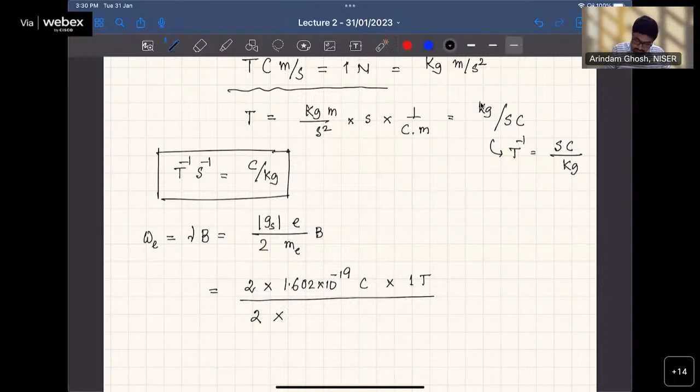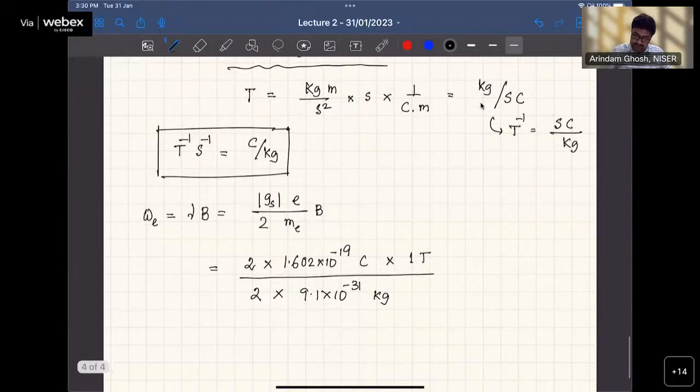And then I have 9.1 times 10 to the minus 31 kg as my mass, right? So some number will come from here. Let me write it down. If you have a calculator, it's going to be something like 1.76 times 10 to the power 11 coulomb per kg into Tesla, right?